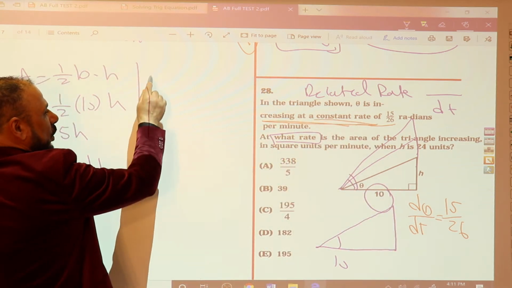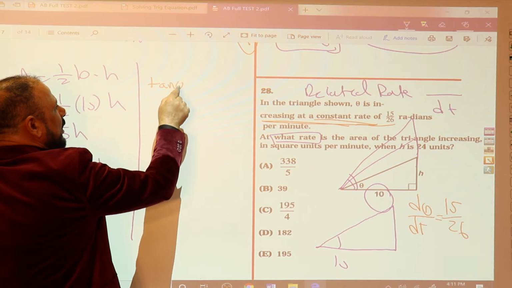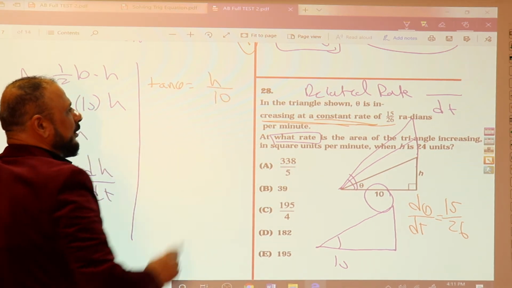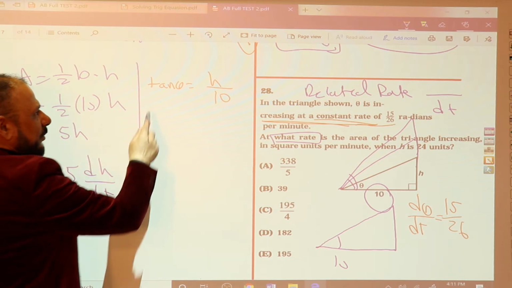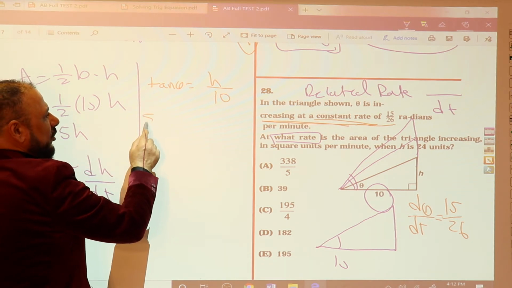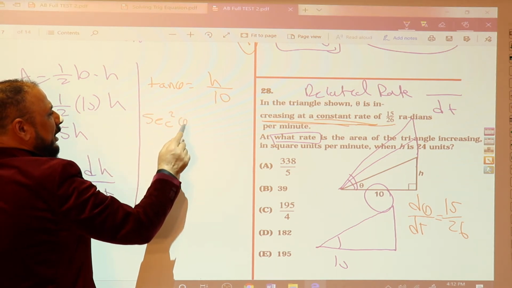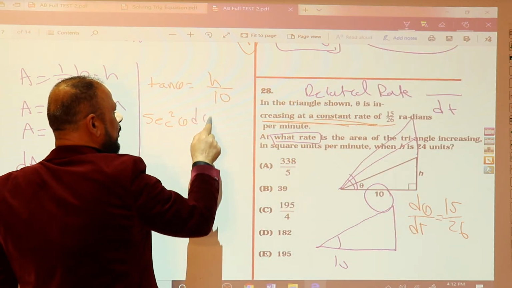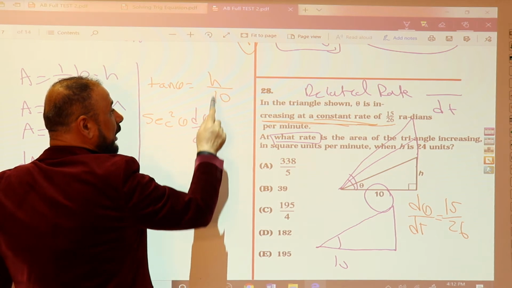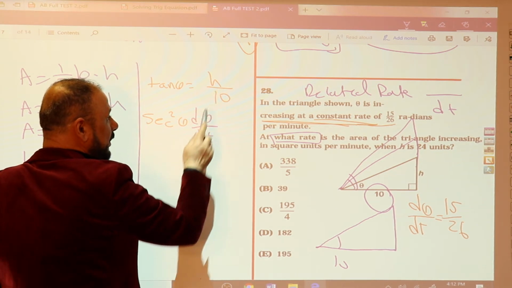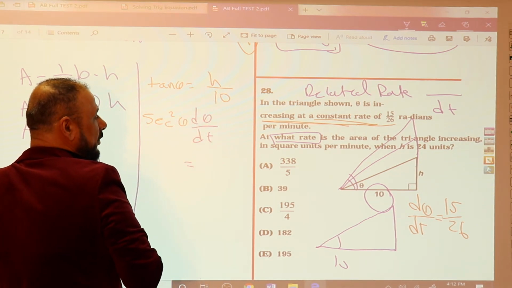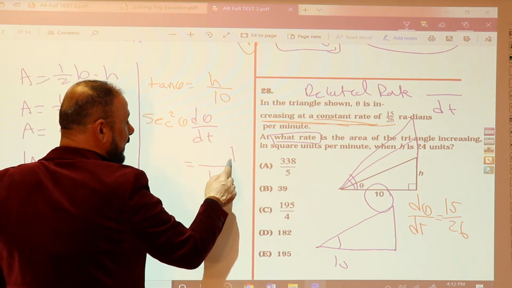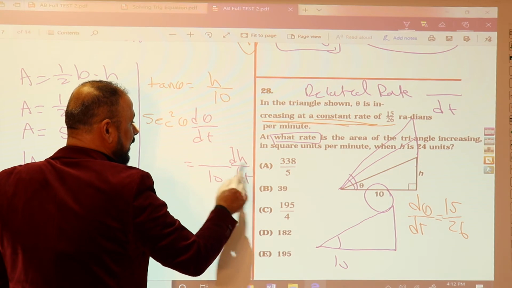How can we get this? If we have tan theta equals h over 10. Now derive it. What is the derivative of tan? Secant square theta d theta dt. And I told you before, guys, when you have a constant in the bottom, just leave it, and this becomes dh by dt.